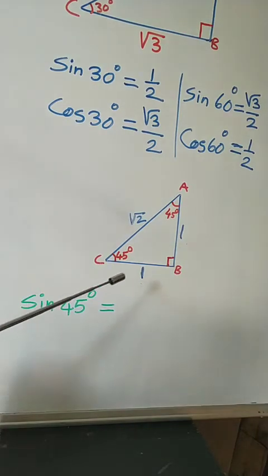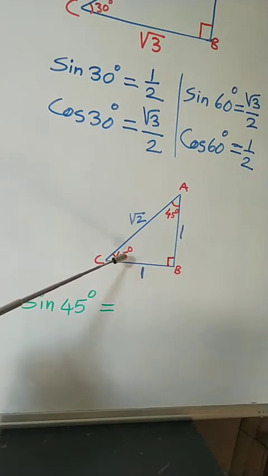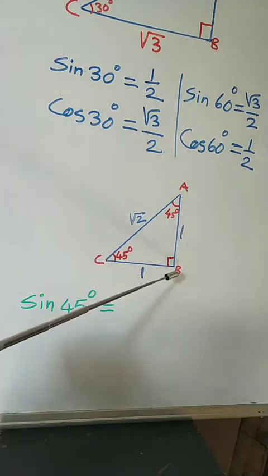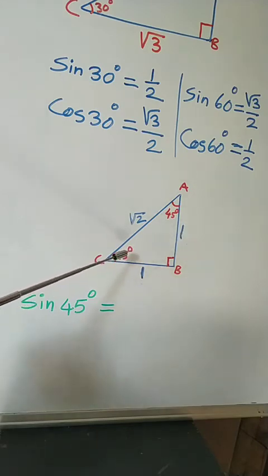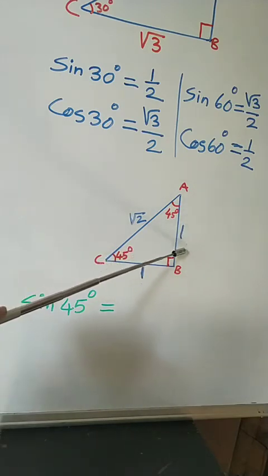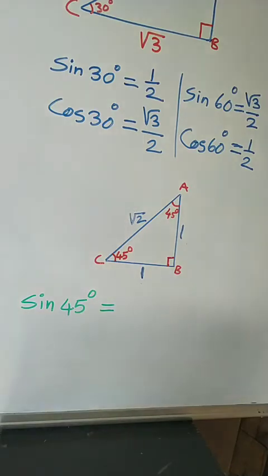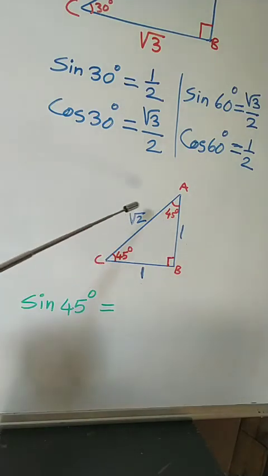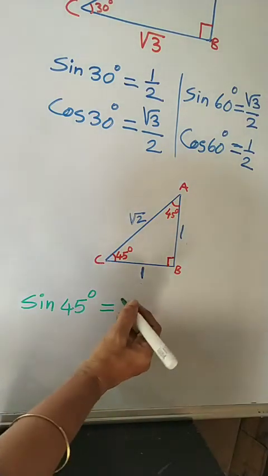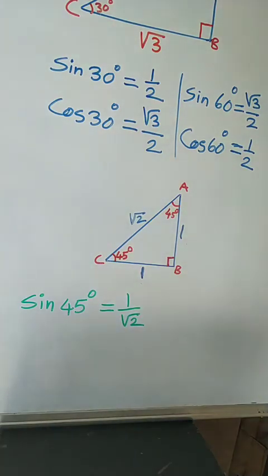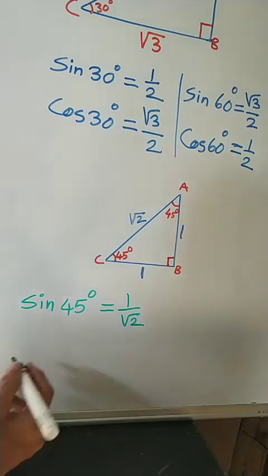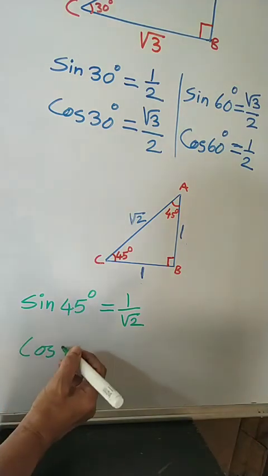Now we have written sine 45 degrees. Side opposite to this 45 degrees is this side. What is its measure? 1. So sine of any angle is opposite side upon hypotenuse, and so 1 upon root 2. And let's see, cos 45 degrees is how much?